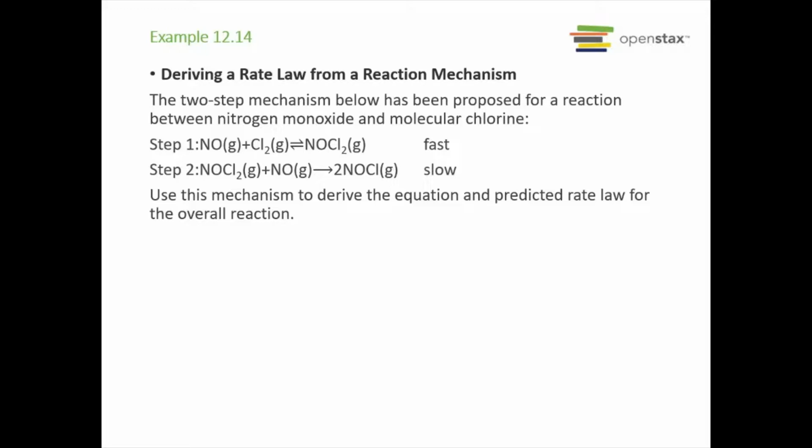So we're told we have a two-step mechanism for a reaction between nitrogen monoxide and molecular chlorine. We want to use it to figure out the equation and predicted rate law of the overall reaction. So the first thing we need to do is write all of our rate laws. Step one, which is our fast step, is at equilibrium. That means we have two rates there. So we have a rate 1, I'm just going to put it as R1, and that is going to be k1 times the concentration of NO times Cl2.